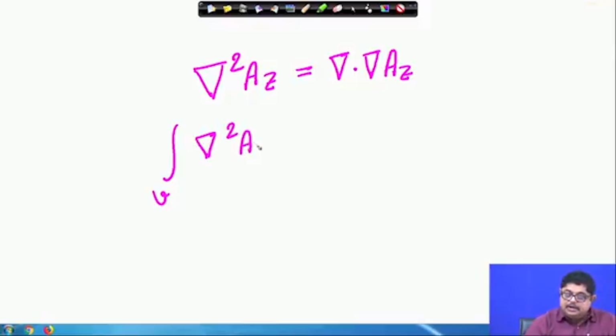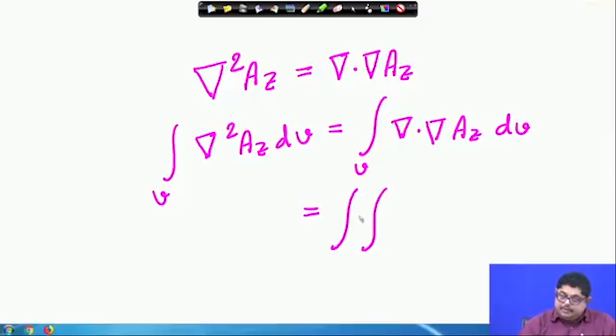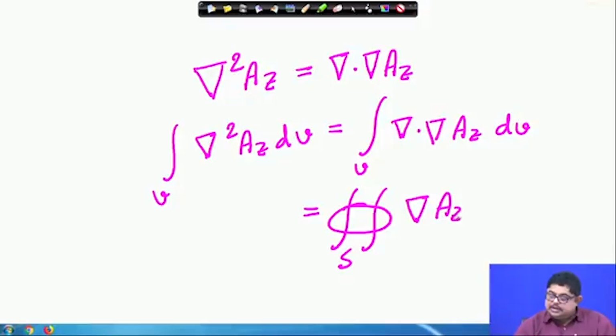Integral of del square A z dV is equal to integral of del dot del A z dV, and now if I apply the divergence theorem, that will be a closed surface integral of del A z dot ds.